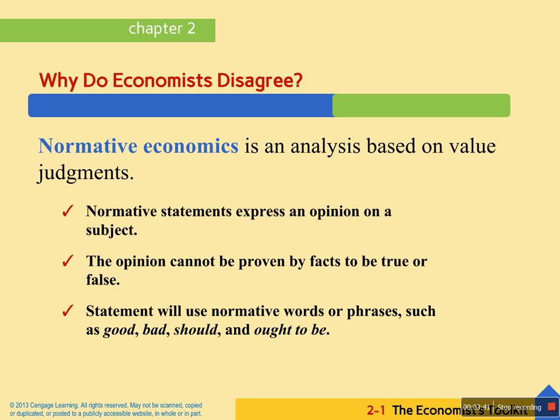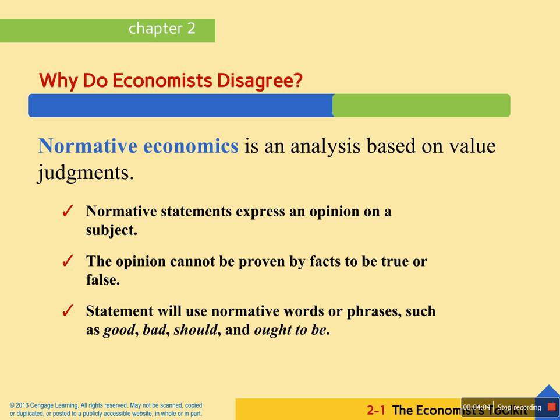The other type of economics is normative economics. This is much more of a subjective type of economics because it's not based on facts. And facts can't really be used to prove them false or true. So this is often the type of economics used in stock market analysis.